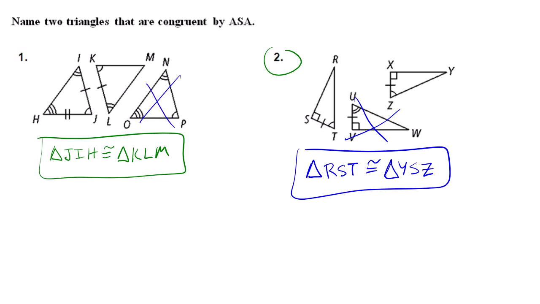So in order for triangles to be congruent by angle side angle, we have to have two angles and the included side, right? Two angles and the included side congruent in two different triangles.